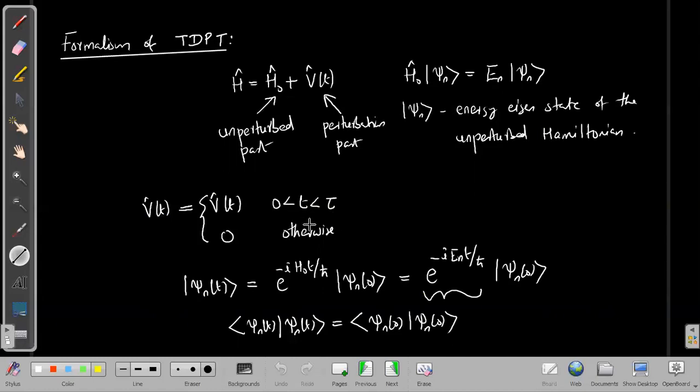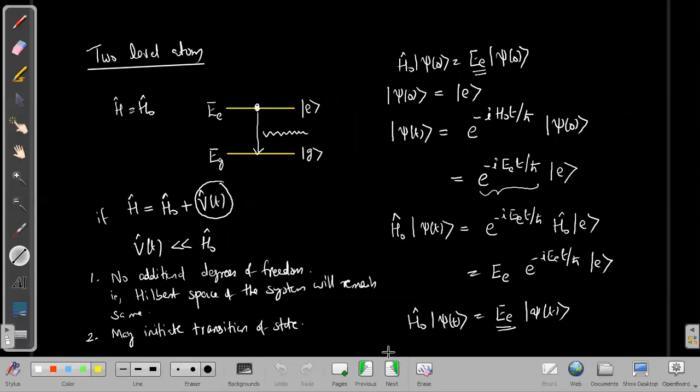Now I am assuming a few things here. The v of t is very small, and it acts for a small amount of time from 0 to tau, and it is 0 otherwise. Since v of t is very small compared to h0, there are two implications. One is that it will not produce any additional degrees of freedom, so no new possible states are produced by the presence of v of t.